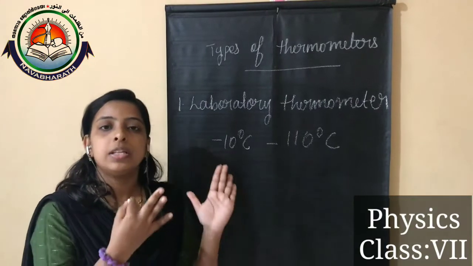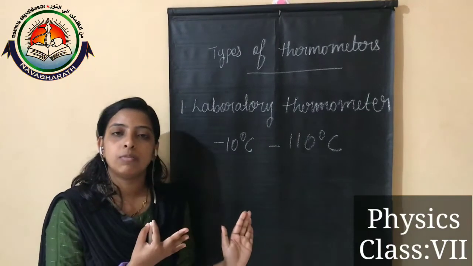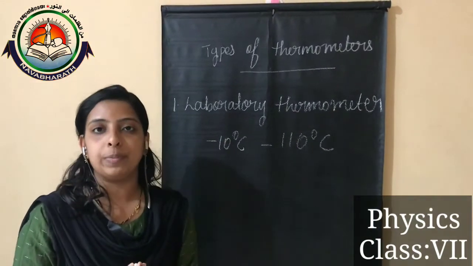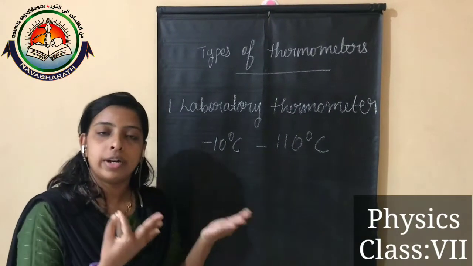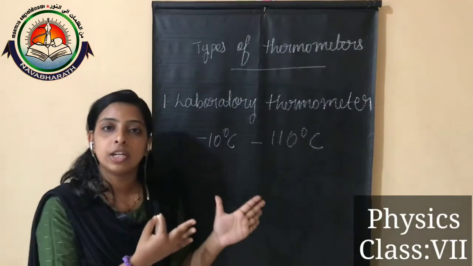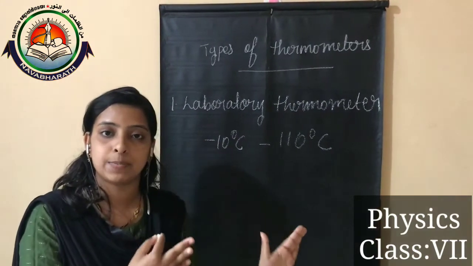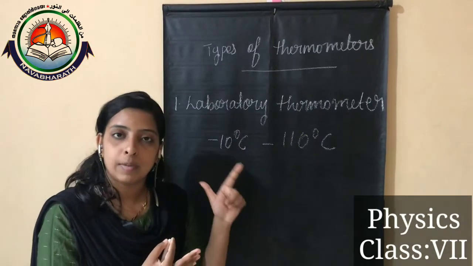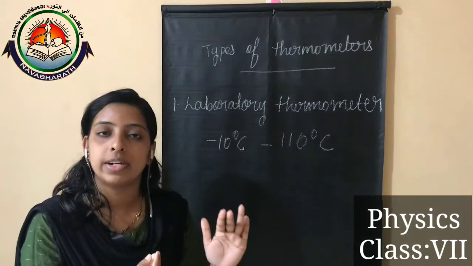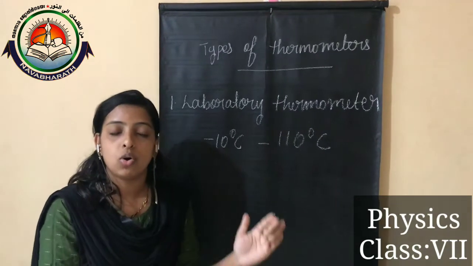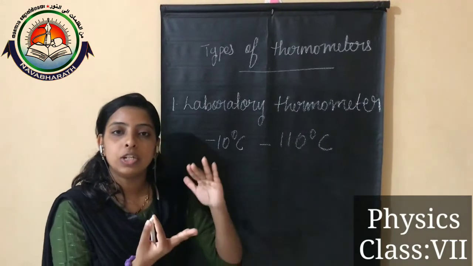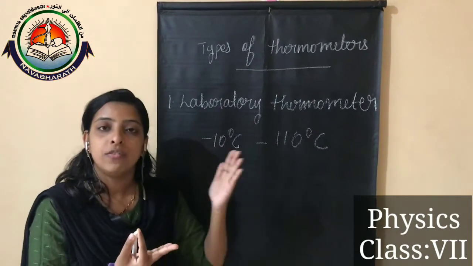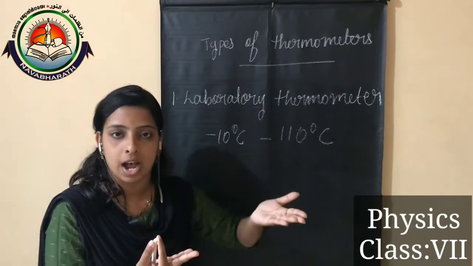The bulb of the thermometer contains a liquid, and that liquid is mercury. I already told you the working principle of the thermometer: expansion of liquids on heating. So when this laboratory thermometer comes in contact with a hot object or hot water, the liquid present in the bulb starts to expand, which means it rises up.